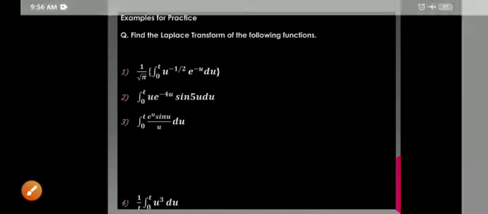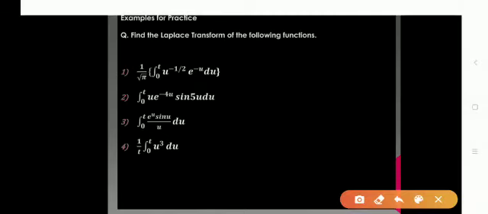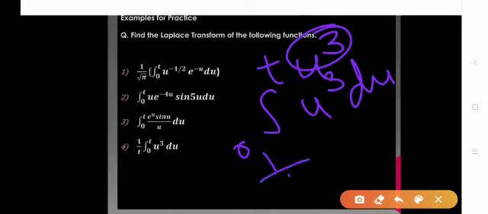The last example: 1 upon t integration 0 to t of u cube du. So first find the Laplace of u cube using the Laplace of t raised to n, where n is an integer. Then apply the Laplace transform of integral result, that is just divide the latest result by s, and then apply the division by t property.